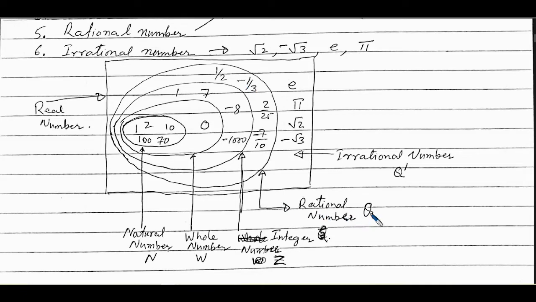And the remaining ones are all the irrational numbers in this collection of real numbers. So you denote natural numbers by N, whole numbers by W, integers by Z, this is the integer set, rational numbers by Q, and irrational numbers by Q prime. Some people use different notation also.